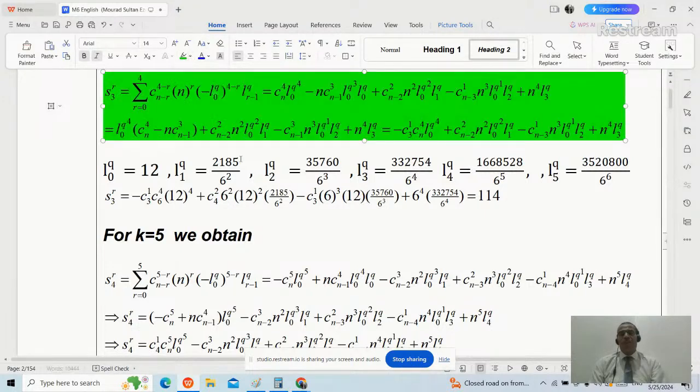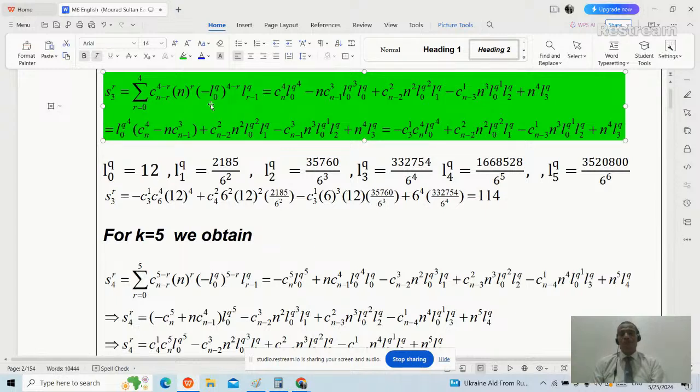Therefore I will substitute S3 of order R from 0 to 4, combination n minus R, 4 minus R, n raised to the power R times minus L0 of order Q raised to the power 4 minus R times L R minus 1 of order Q.